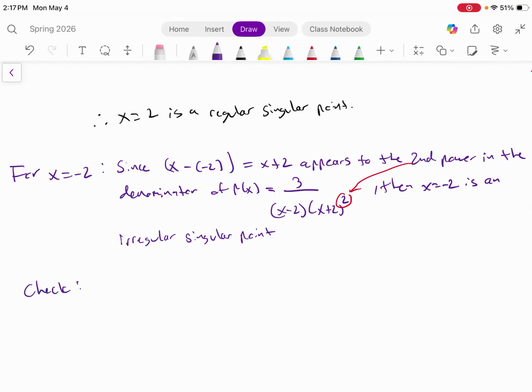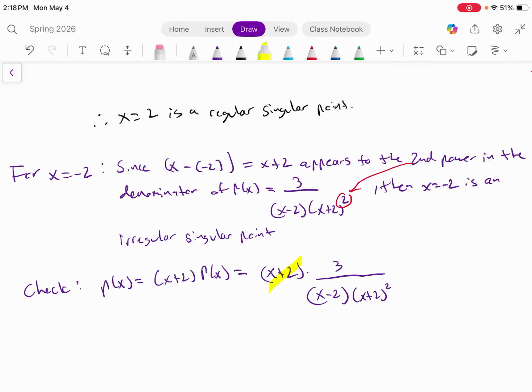So let's check it. So little p of x equals x plus 2 times capital P of x. So that'll be x plus 2 times 3 over x minus 2, x plus 2 squared.